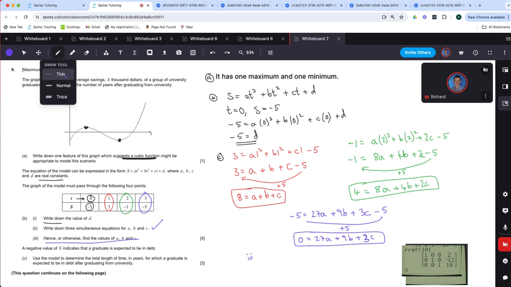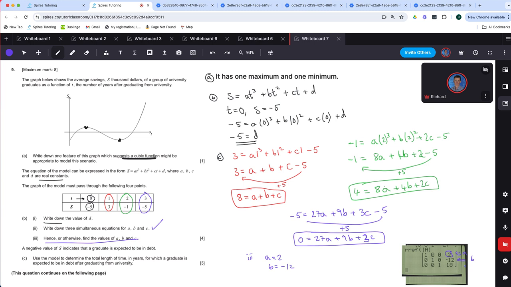Okay, so our A value corresponds to this value, so A is 2. Our B value is -12.